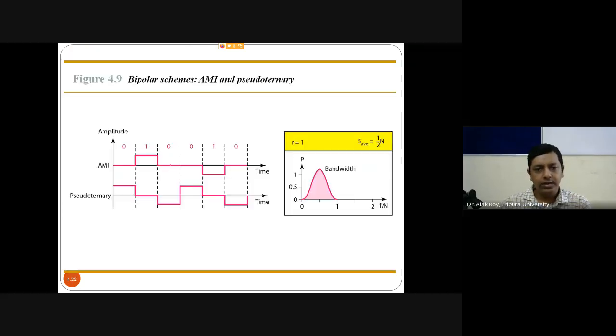That is for this figure. It is positive, 0 and negative. That is for the bipolar scheme AMI. In AMI and pseudo ternary, the signal level is positive, 0 and negative.